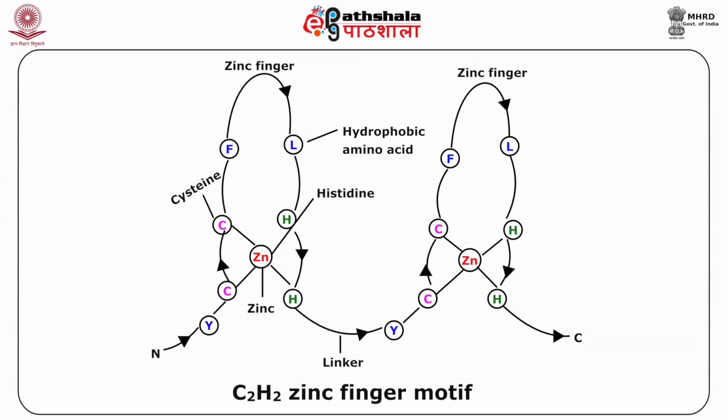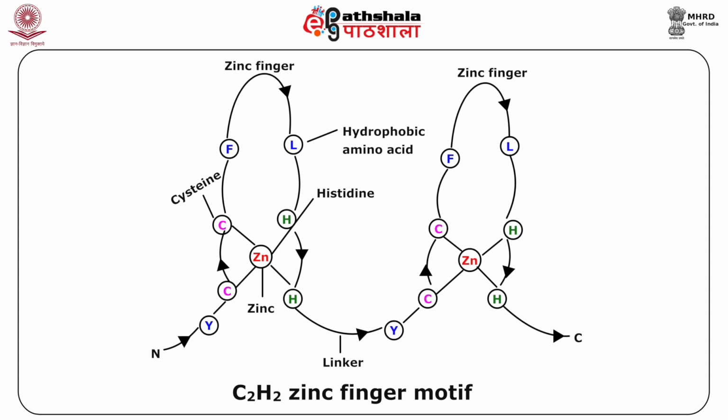It has 2 to 3 beta strands in its N-terminal sequence and one alpha helix in the C-terminal half of X12H. C2H2 zinc finger proteins are nearly 1% of total mammalian proteins. These proteins bind DNA and some can also bind to RNA or protein.